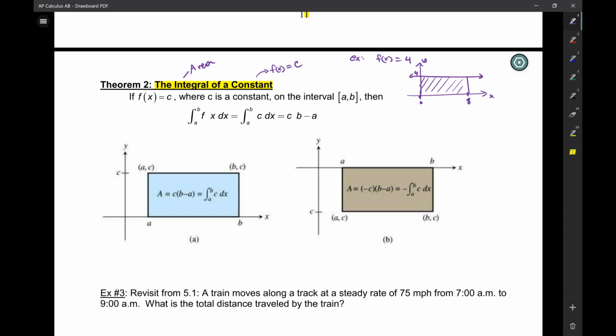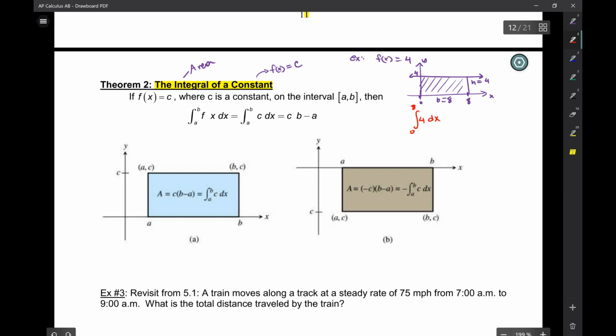And how do I find the area of a rectangle? Base times height. So think of it as, okay, how would a 4th grader find this area? Base times height. And here the base is 8, right? And the height is 4, all right? Well, in calculus, instead of saying find the area of, I could just say, okay, the area from 0 to 8 of 4 dx.